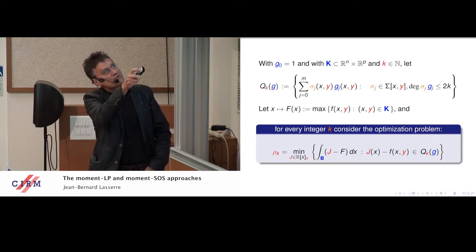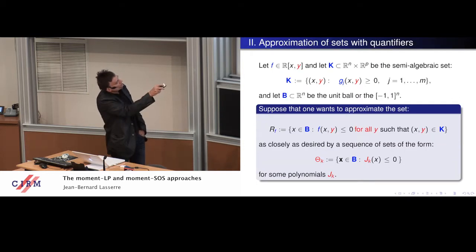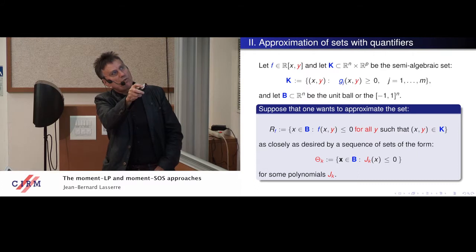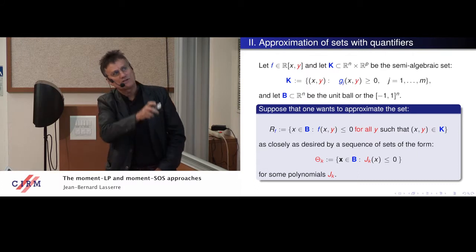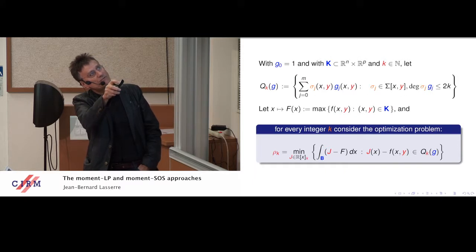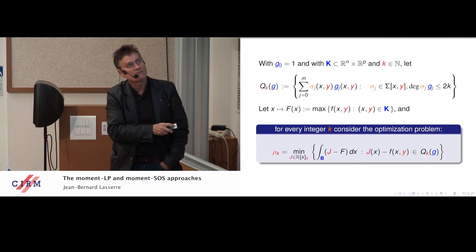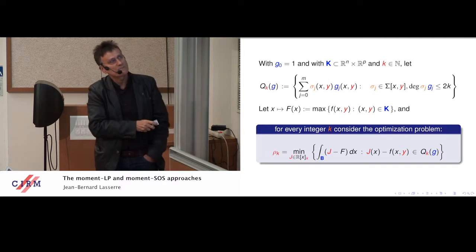So you look at this function f, which is a max. Remember, you want to find x so that f of x, y is less than 0. So the max with respect to y of this polynomial should be non-positive. So you define this function f, which for each x fixed is the maximum of f of x, y when x, y belongs to K.